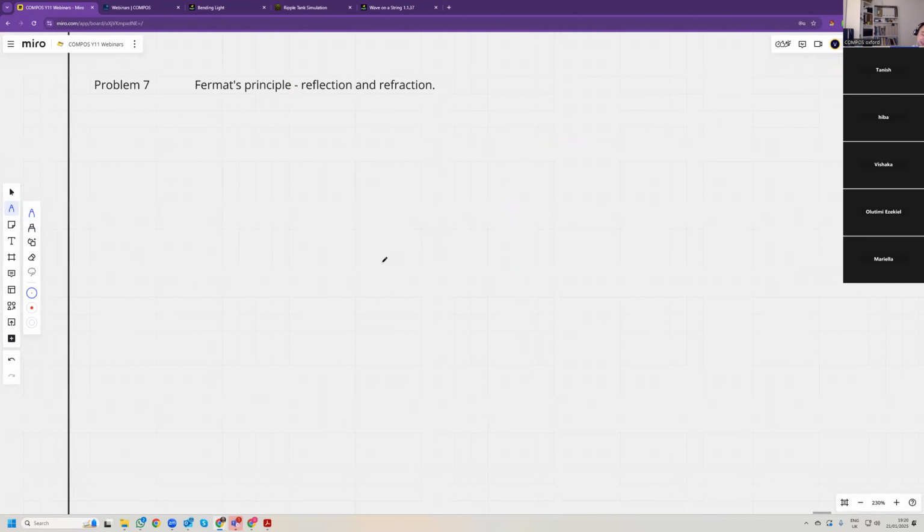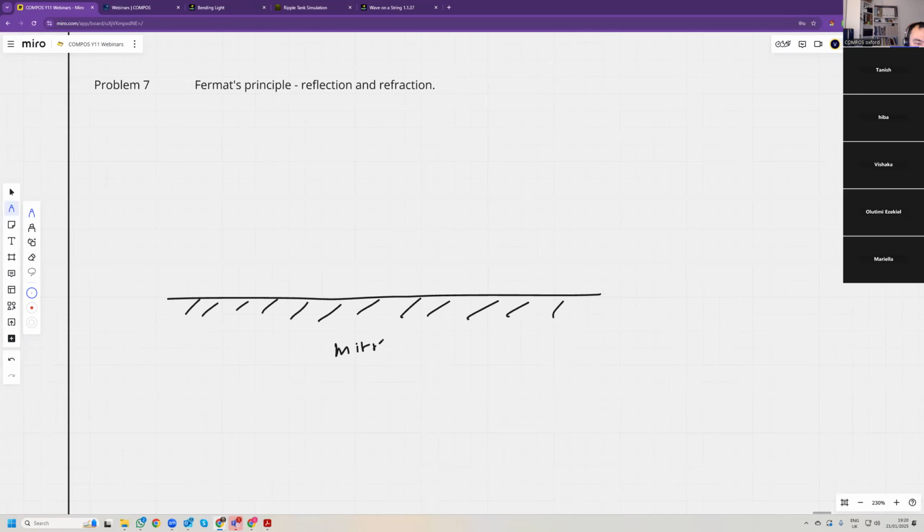Fermat's principle says that light chooses the shortest possible path. So imagine that this is a mirror, and light needs to travel from A to B. And imagine there's some obstacle here, so it can't pass directly through.